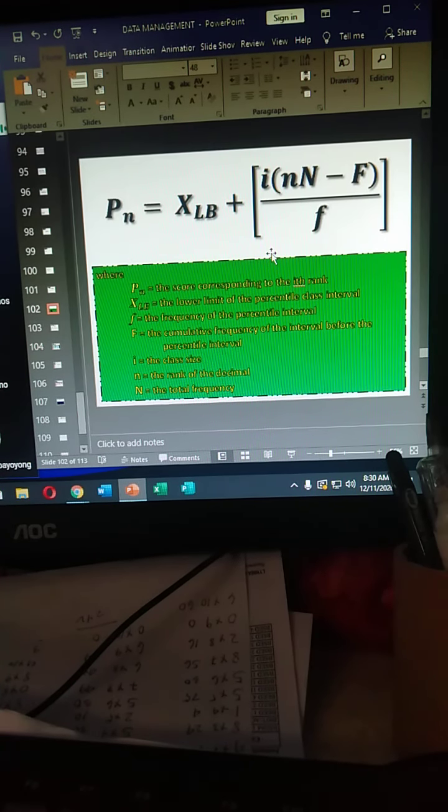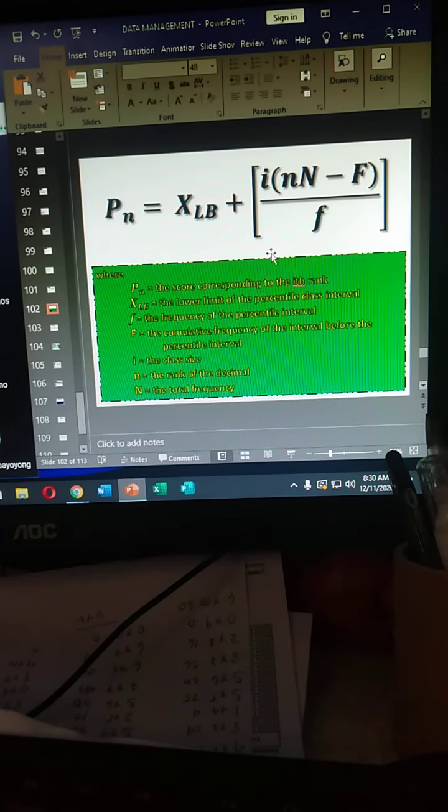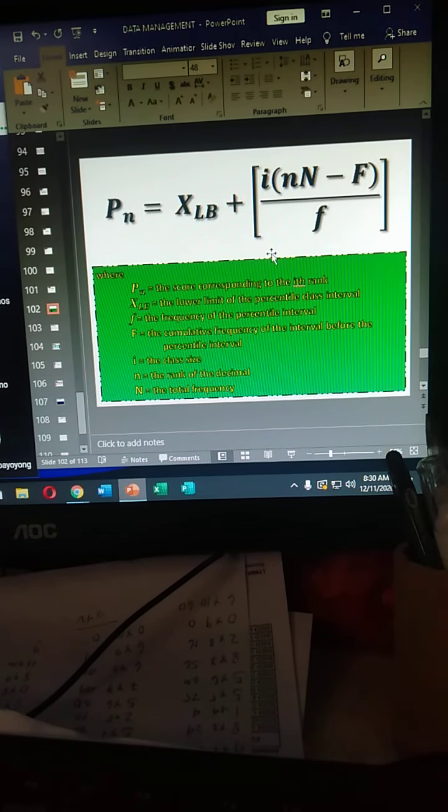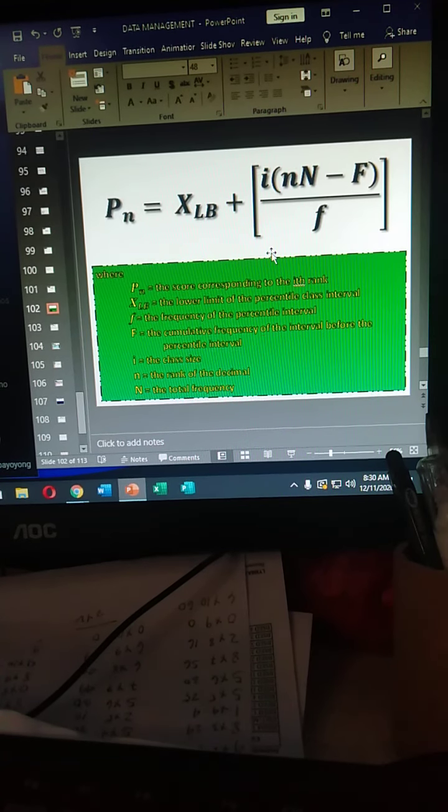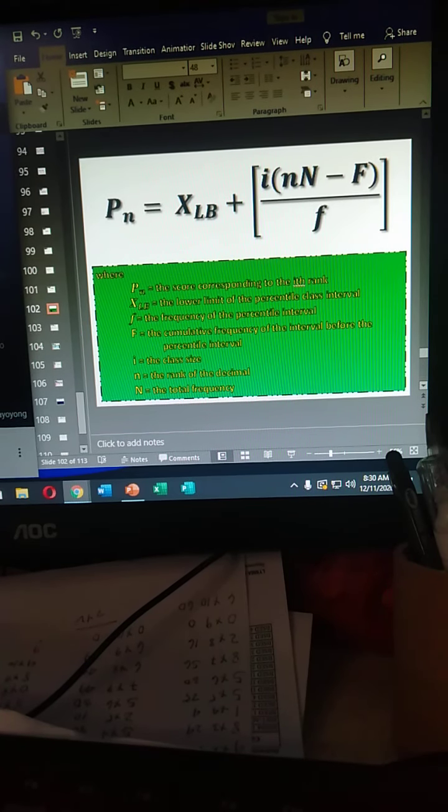As you can see sa ating past lessons, ang dami ko nang binigay na mga formula. Tagtad na kayo ng pagkarami-raming formula dito sa data management. At dito ngayon sa measures of relative position, bibigyan ko kayo ng isang formula.